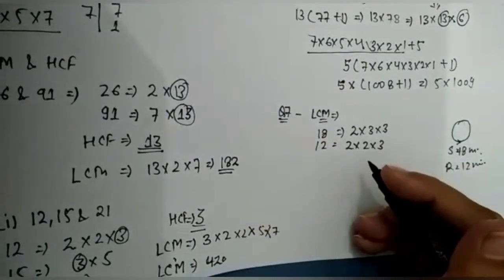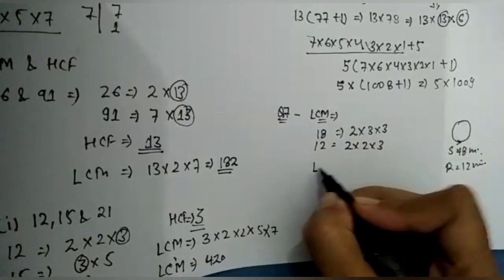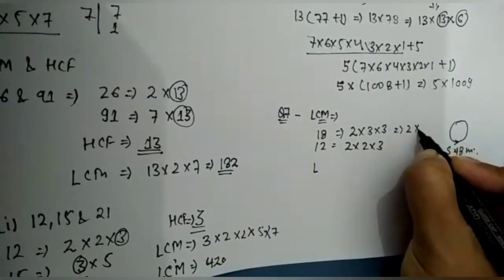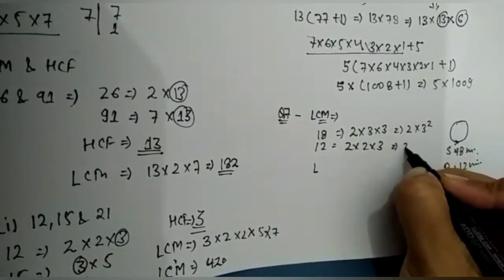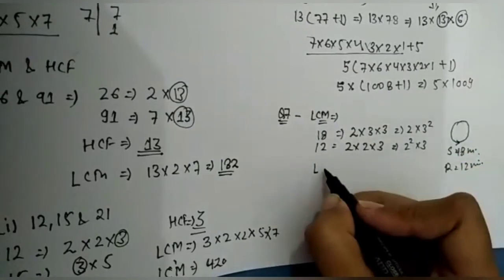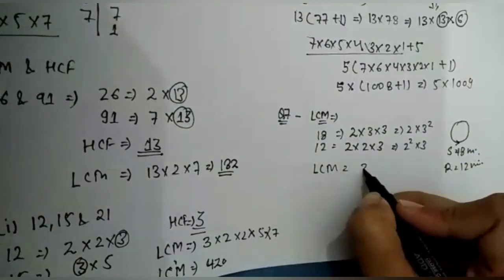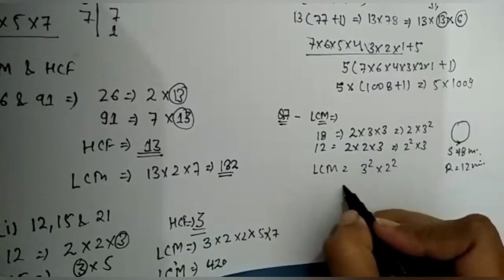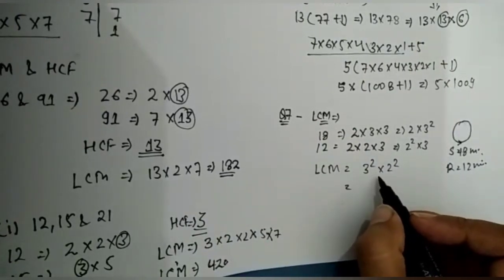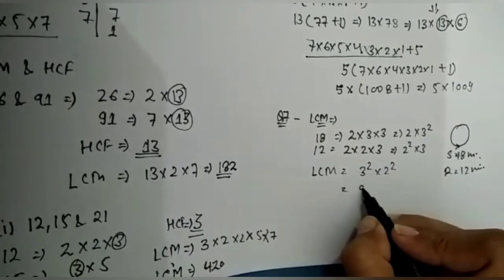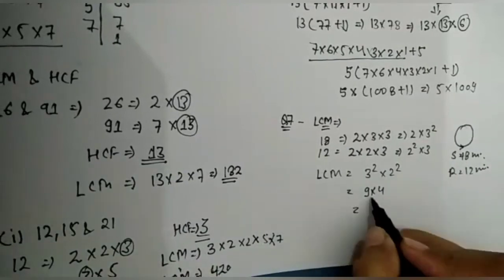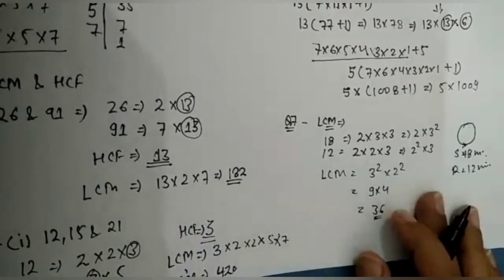Now what will be the LCM? This will be 2 into 3 to the power 2, and 2 to the power 2 into 3. So the LCM will be 3 square into 2 square, that is 9 into 4, which is 36.